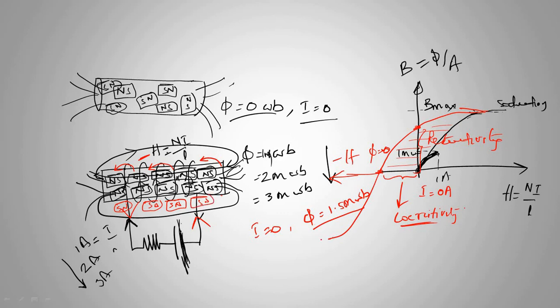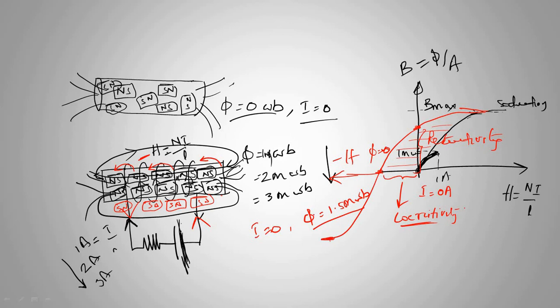We will hit the negative saturation, same as positive saturation. So likewise, by changing the direction of the input, the output flux lags the input. So that we will call the hysteresis nature of the magnetic material.